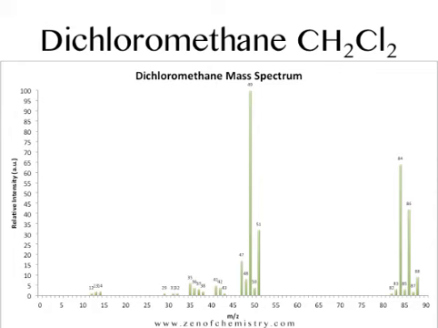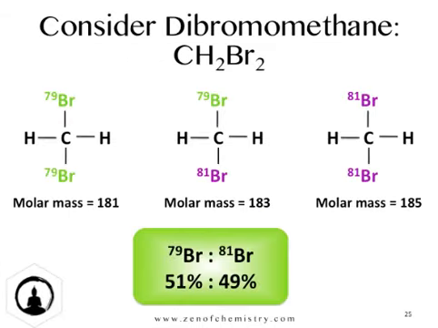Now we've got dibromomethane, another example. Again we can have bromine-79 or 81: two 79s, a 79 and 81, and two 81s. Same idea, molar masses of 181, 183, and 185. But this time our abundance is quite different. We've got about a 50-50 mix of each.